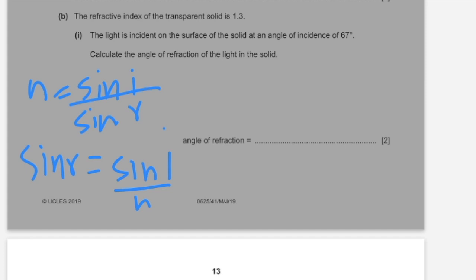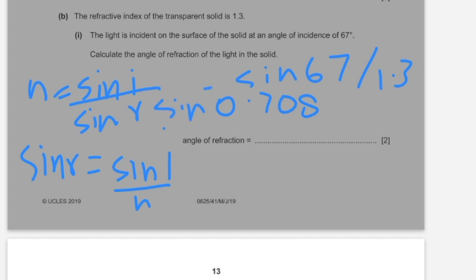So we have it as sine 67 divided by 1.31, and we get the answer as 0.708, and sine inverse of this value gives us the angle of refraction, which is 45 degrees.